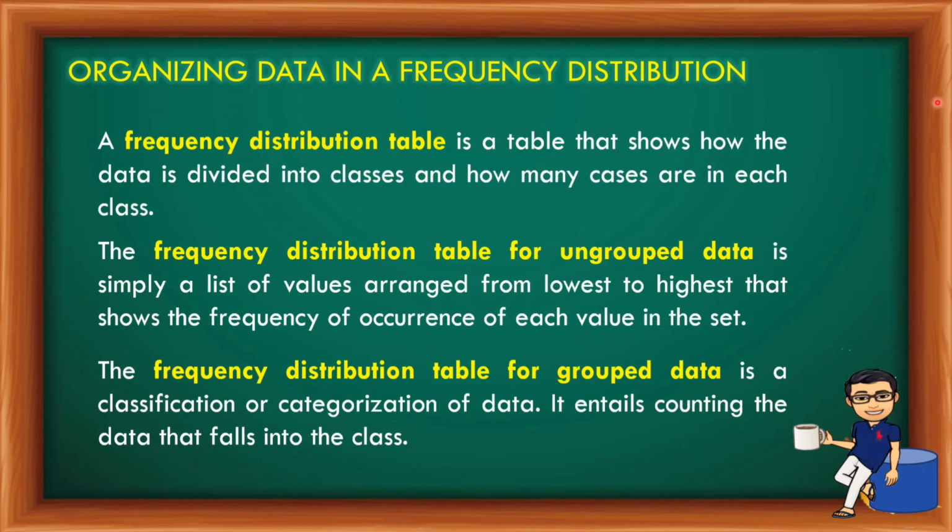While, on the other hand, the frequency distribution for group data is best used when the data or information is so large that classifying by class or categories is required. So, ibig sabihin, pag kailangan i-categorize, pag kailangan magkaroon ng classification, then doon naman natin gagamitin ang frequency distribution table for group data. At simulan na natin ang halimbawa.